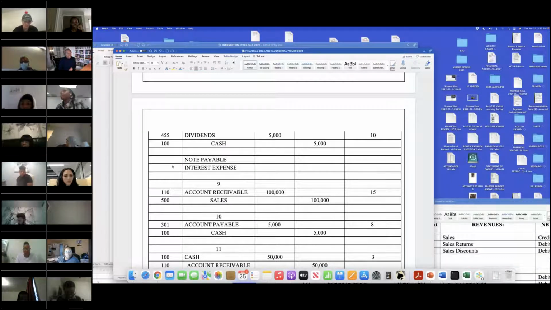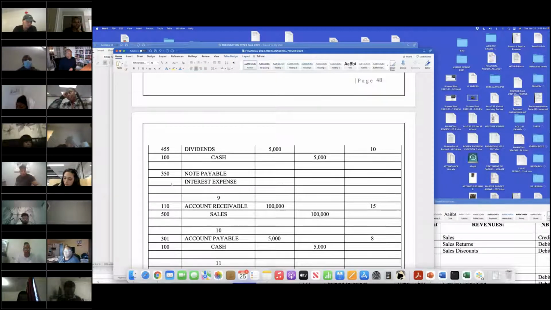What's the account number for interest expense? Well, do you have the chart of accounts? What's the account number for interest? 680. Can you pull your spreadsheet up? The bottom is cut off. How's that?